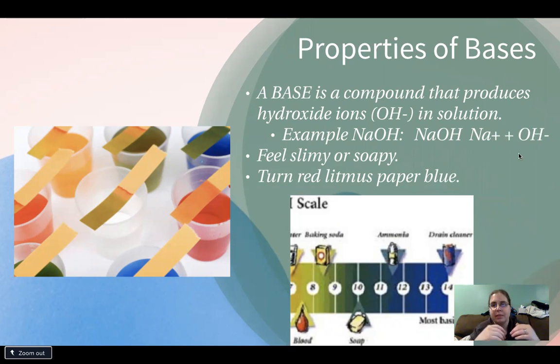So in a base, when it's added to water to form a solution, you're going to see an increase in OH- ions, the hydroxide ions. Some of these could bond with existing hydrogen ions, which is going to cause the hydrogen ions to decrease, and we still have more hydroxide ions being added. So the hydrogen ions decrease and the hydroxide ions continue to increase.